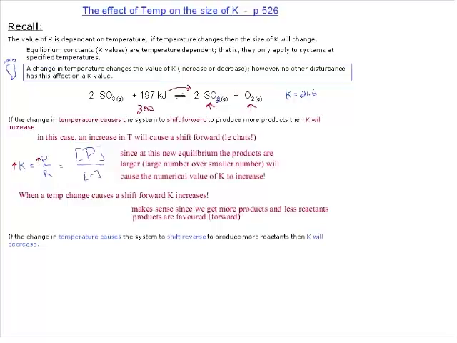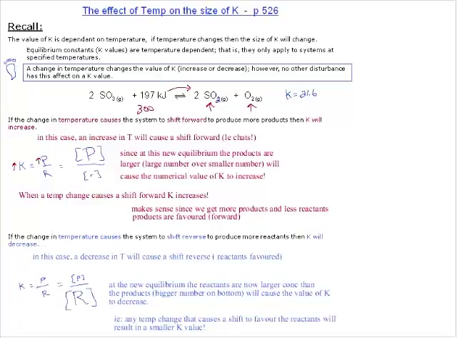If we can somehow make the reactants bigger, then K is going to drop. K is inversely proportional to the reactants: K drops as the reactants go up because we're dividing by a much larger number. Now what will cause this reaction to want to shift in the reverse direction?